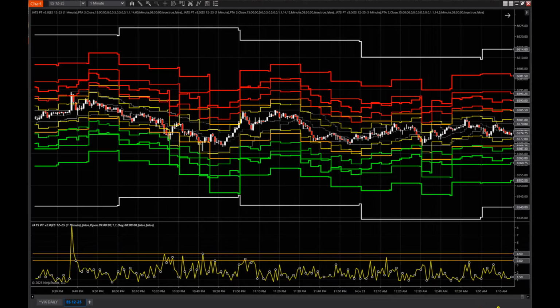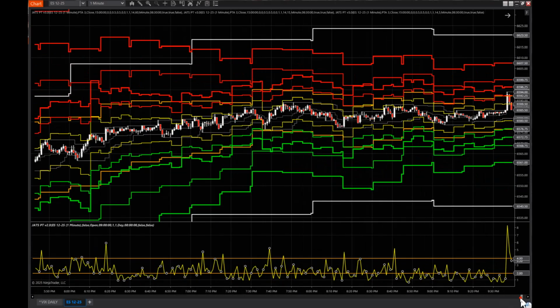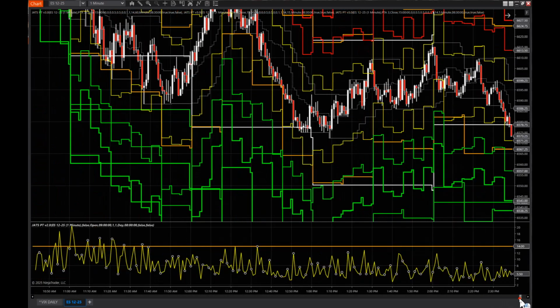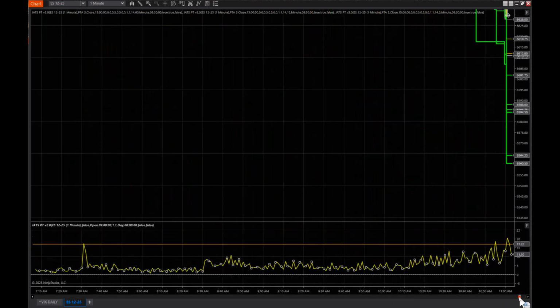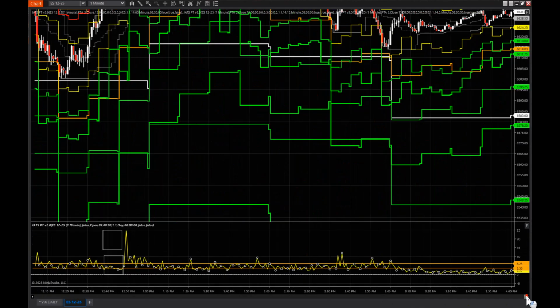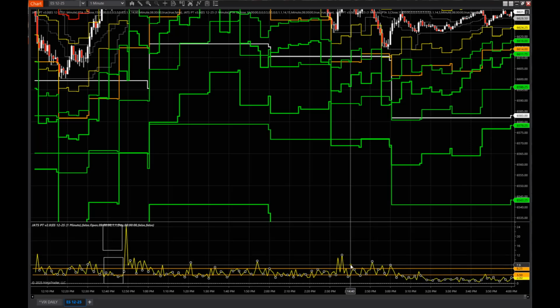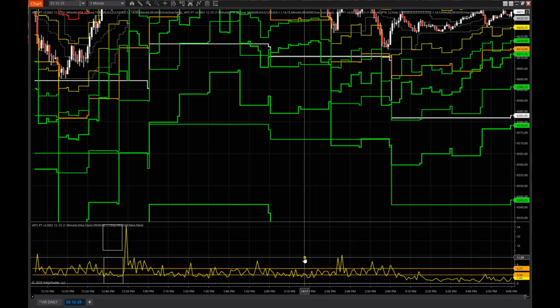If you want more volatility, then you can set it so that you're trading outside these parameters. And you don't have to use the three. You could set this up for the twos and trade outside the twos or trade outside the ones.